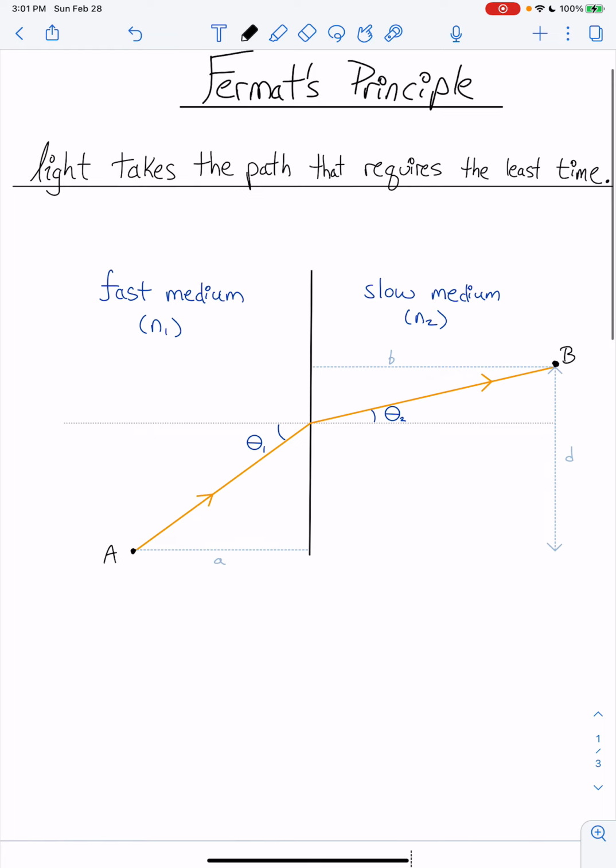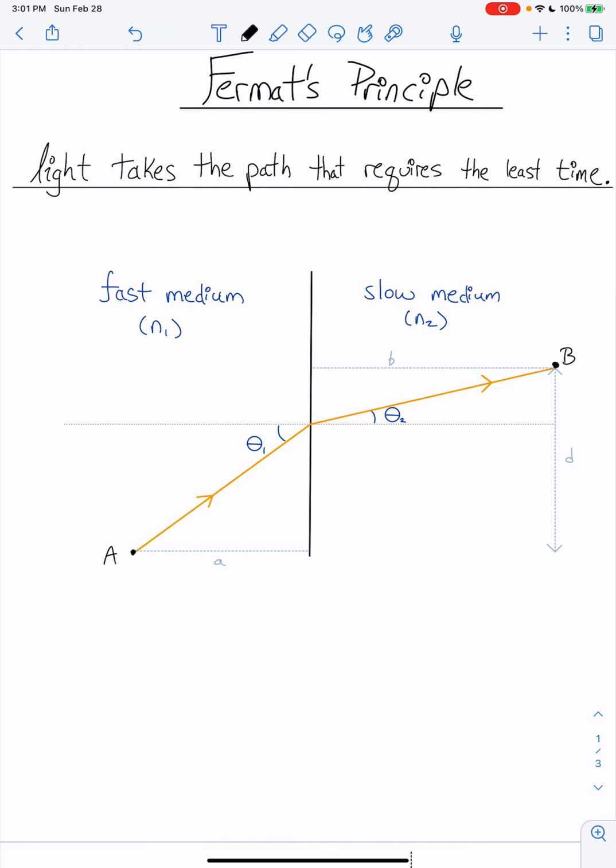So the very first thing we want to write down is the expression for the time needed to go from A to B. Well, this is going to just be our standard equation for speed and a little bit of geometry.